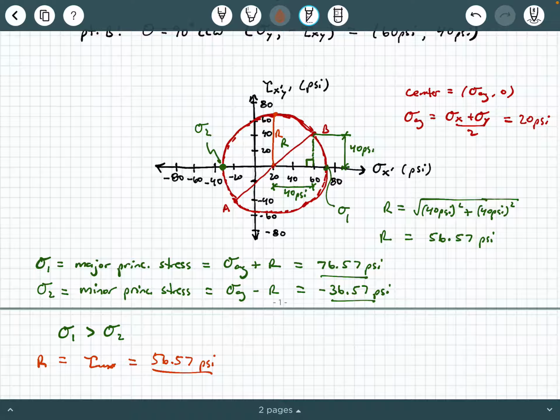I didn't draw it very nicely. If I were to redraw this really nice and neat, I might recreate this curvature a little bit more to scale, and then the 60 would be maybe right here, and then here is that tau max, okay?